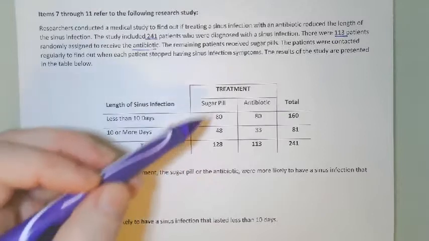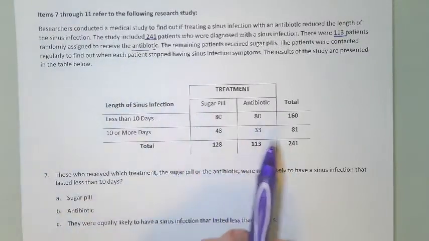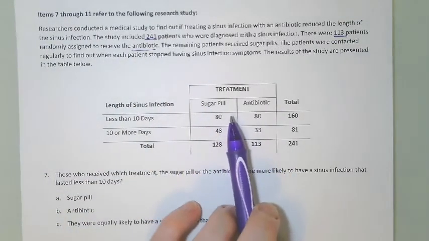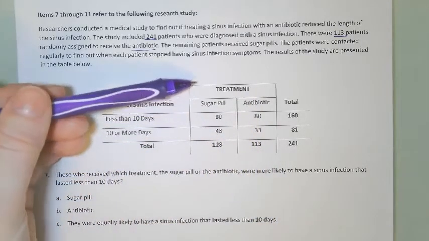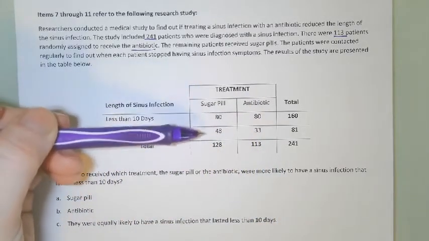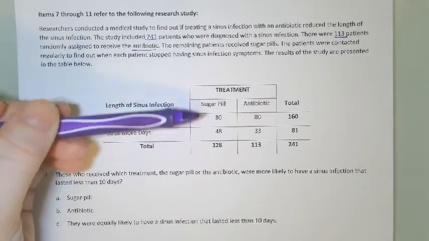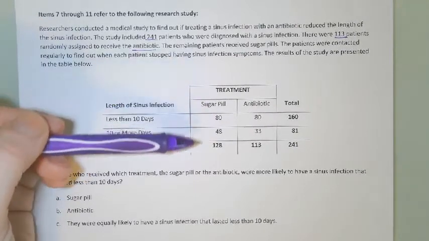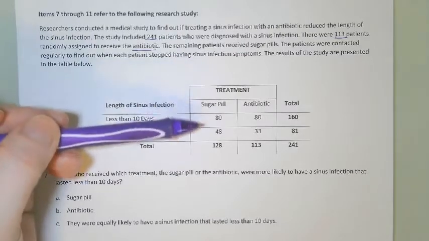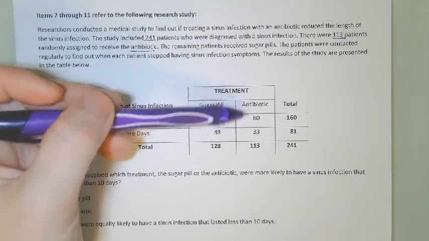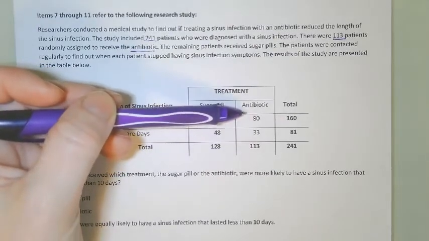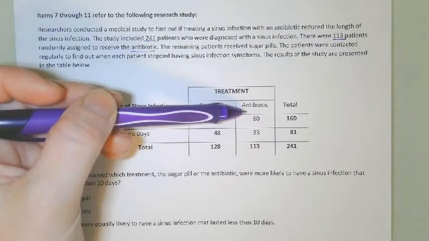So vertically, they're just splitting this up by treatment. The left column is data for the participants that were given a sugar pill, or basically no treatment. On the right, we have data from those given antibiotics, so those who were given the treatment.